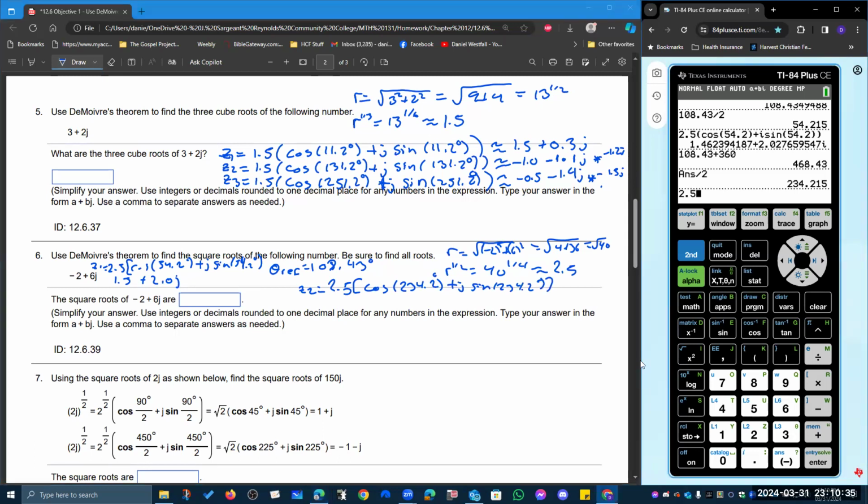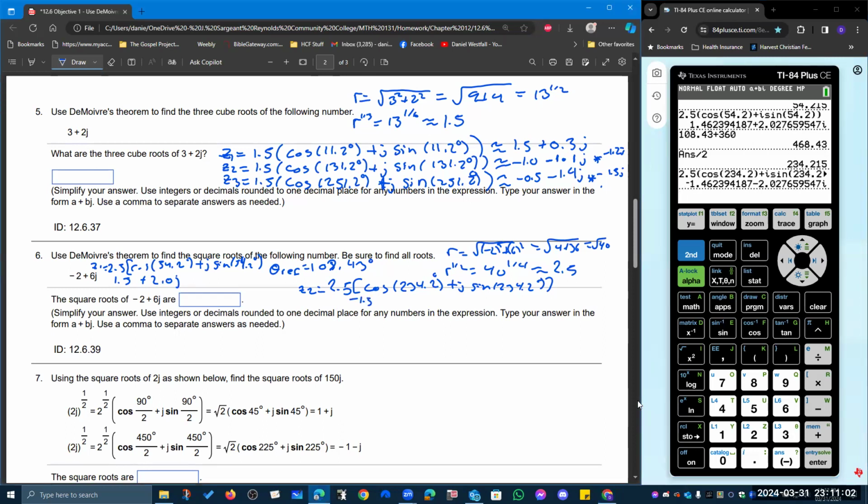Let's type that in, and I get negative 1.5 minus 2.0j as my two square roots.